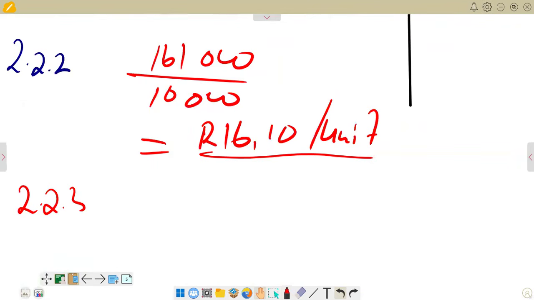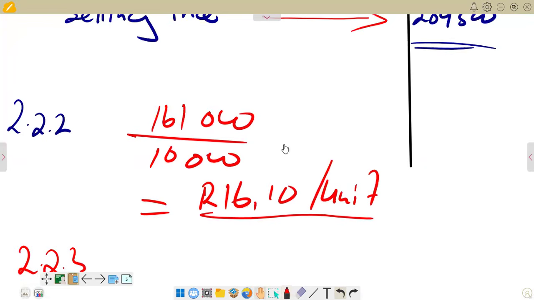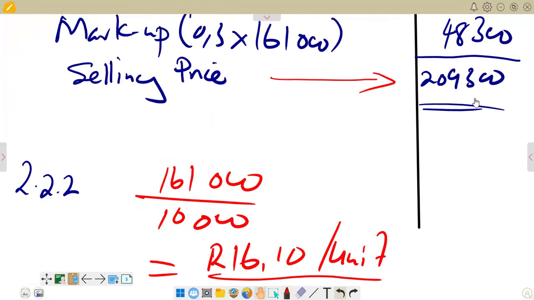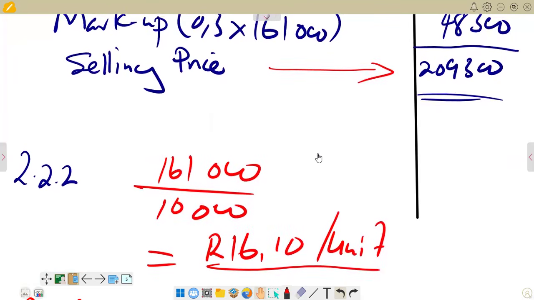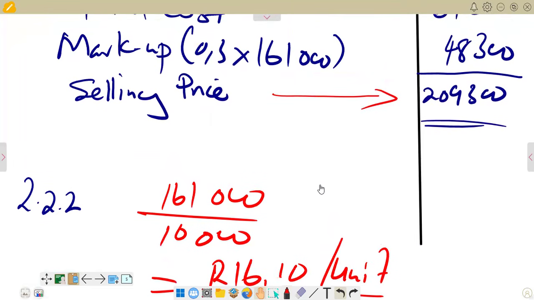Remember, it's 209,300. So let's try to verify that figure.